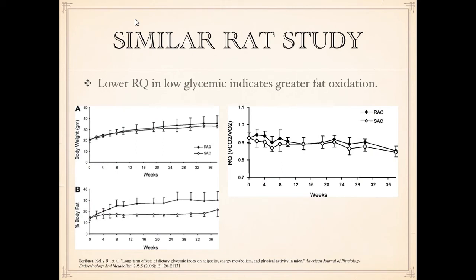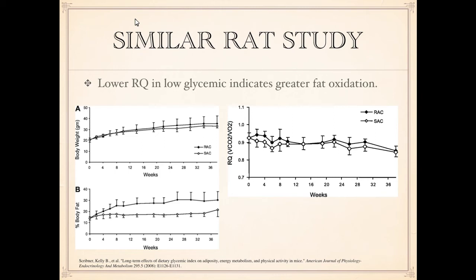We also see lower respiratory quotient, which is similar to respiratory exchange ratio. The lower this is, the better. The SAC is basically the low carbohydrate, the low glycemic index. And you see the RQ is lower, indicating higher fat metabolism.